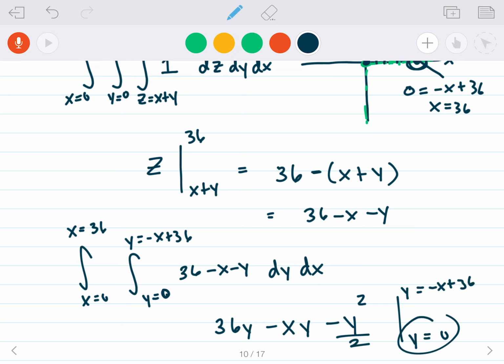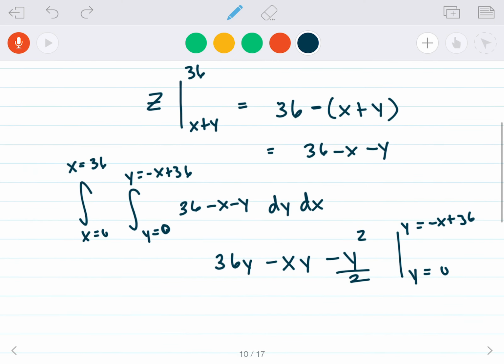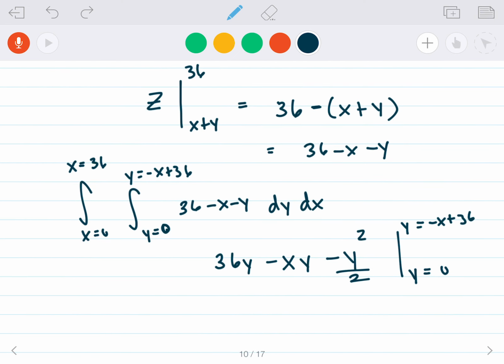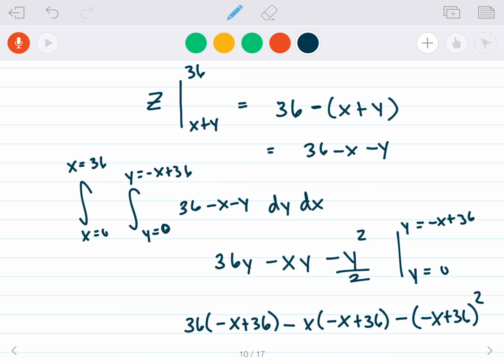So the 0 is nice. That's going to clear. We don't really have to put in the lower bound, but for the upper bound, we have 36 times negative x plus 36 minus x times negative x plus 36 minus negative x plus 36 squared over 2.